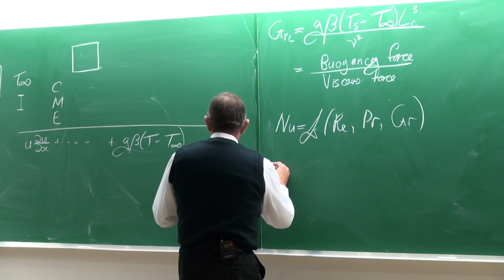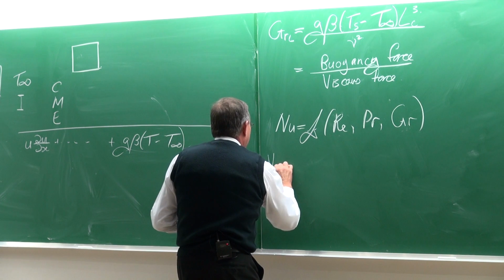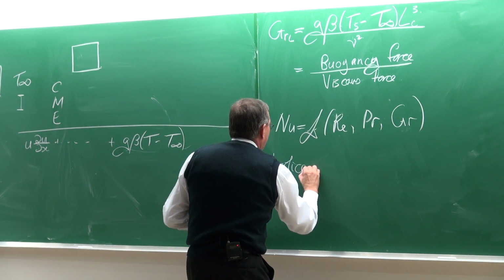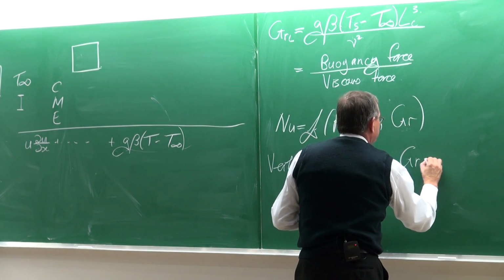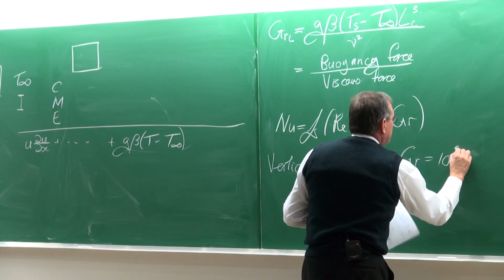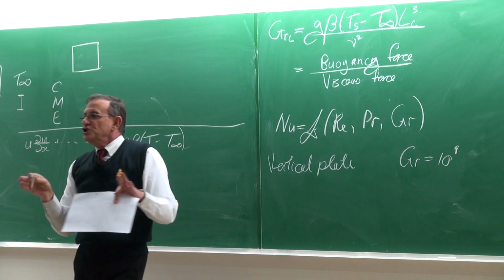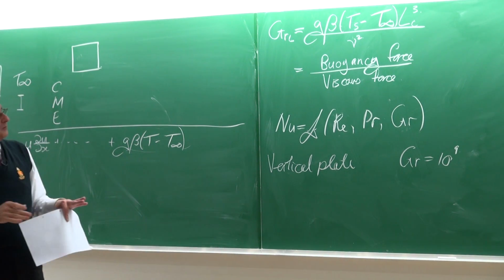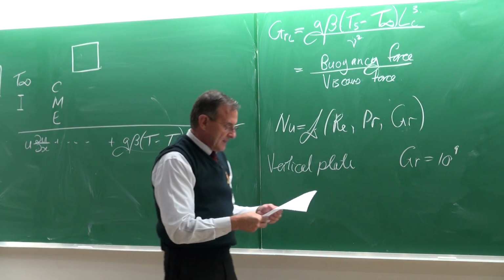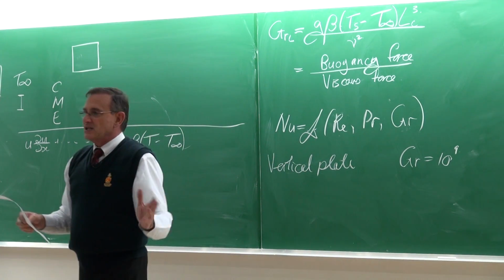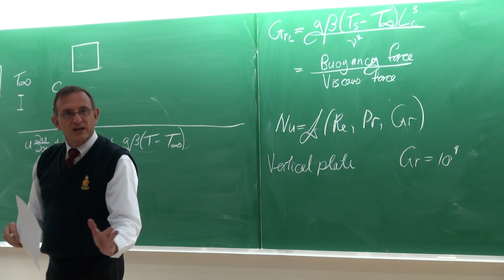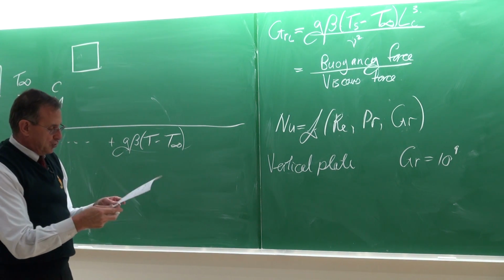Typically for a vertical plate, a Grashof number of 10 to the 9 is where transition will occur. So if it's smaller than 10 to the 9, the flow would be considered laminar. If it is higher than that, it would be considered turbulent.